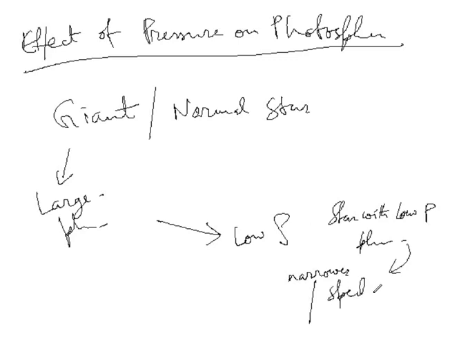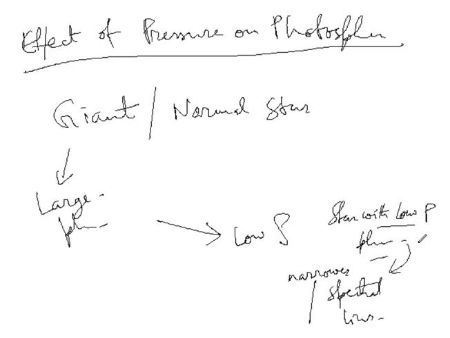Why? Before that, let me say this: a star with a low pressure photosphere will show narrower lines compared to a star of the same temperature with a higher pressure photosphere.